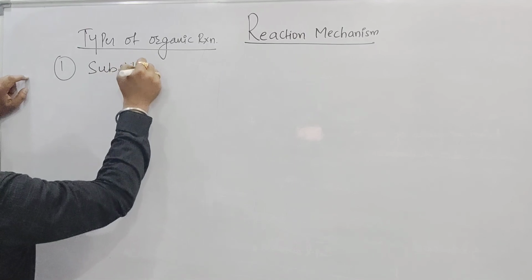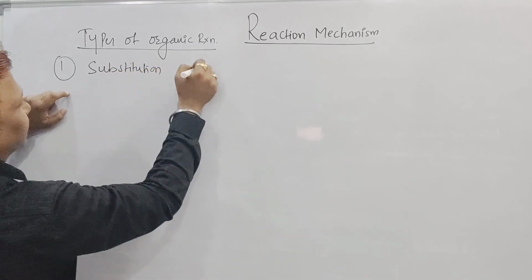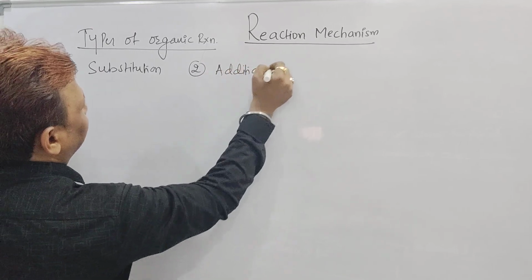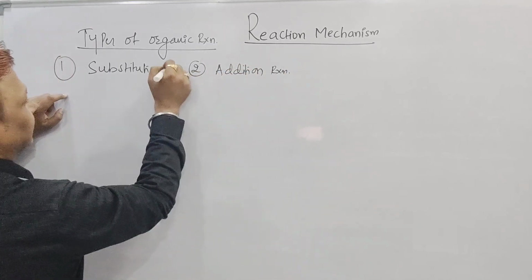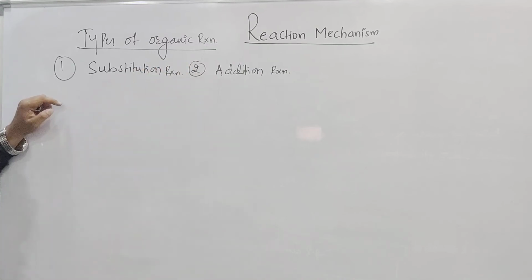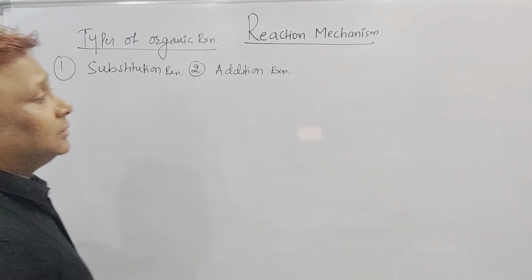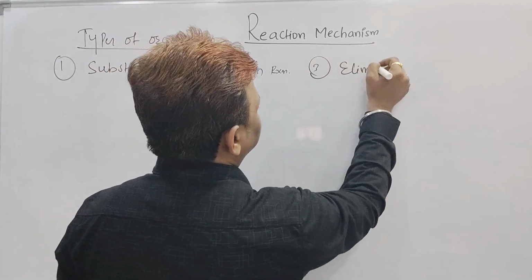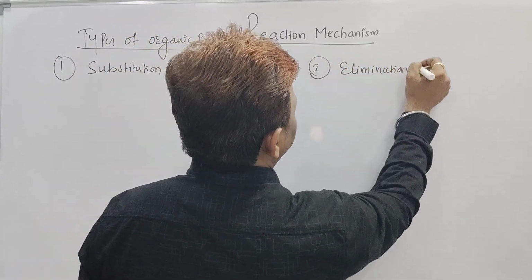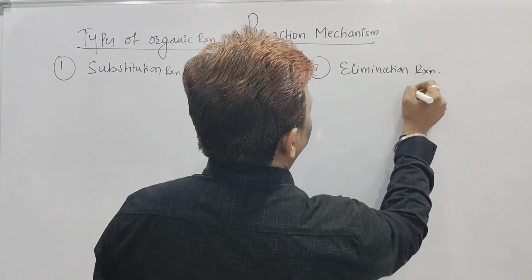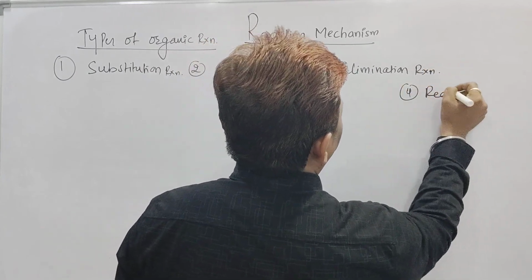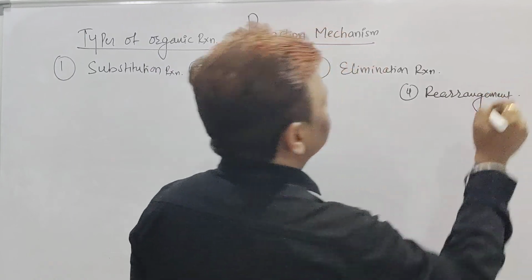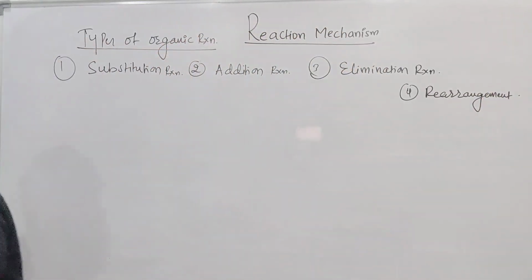The second type will be called an addition reaction, beta. One is a substitution reaction, the other one will be an addition reaction. The third type is called an elimination reaction, and the fourth one is rearrangement. Right, beta? So these are the four different types of reactions.